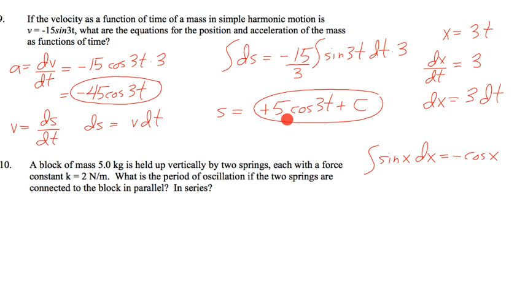The position oscillates back and forth around some equilibrium position. When cosine is 1, that's 5, so the maximum position would be 5. Going back to the original equation, the maximum velocity would be negative 15 because the sine of 3t at a maximum is 1. Any questions with that?